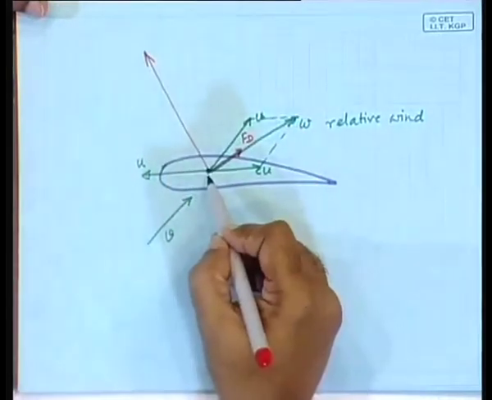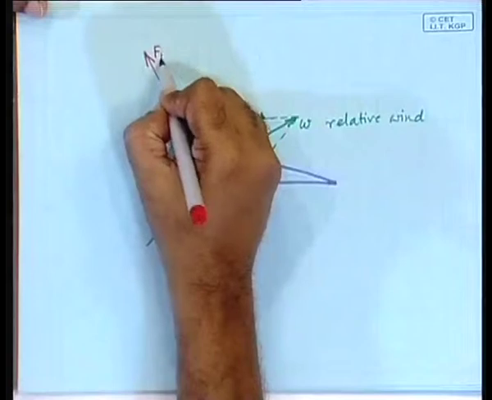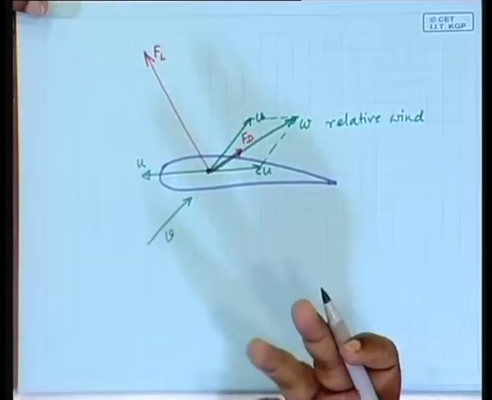Now, the lift force happens to be much larger than the drag force in a properly designed airfoil. So, I have drawn it larger. As a result, what will be the total force?